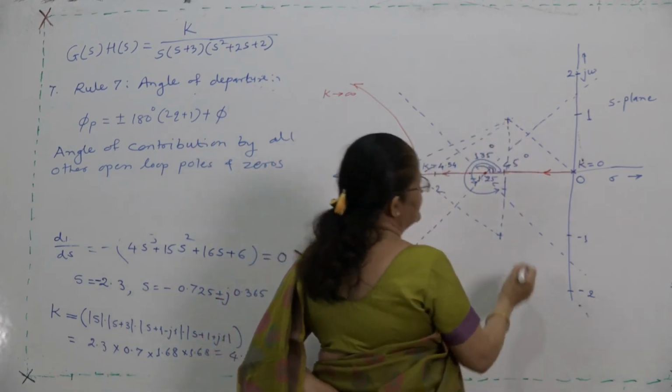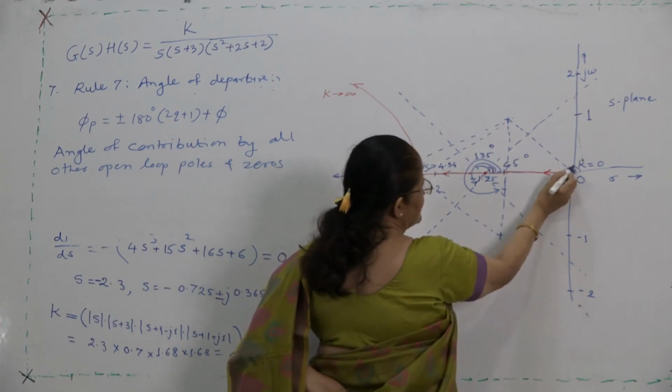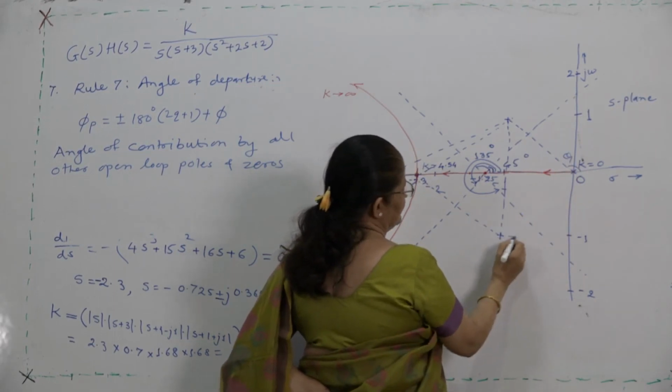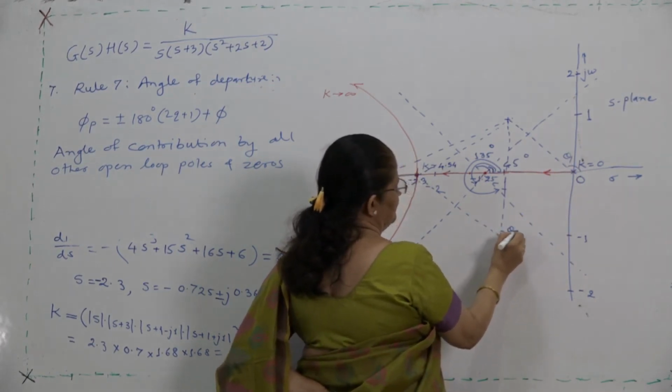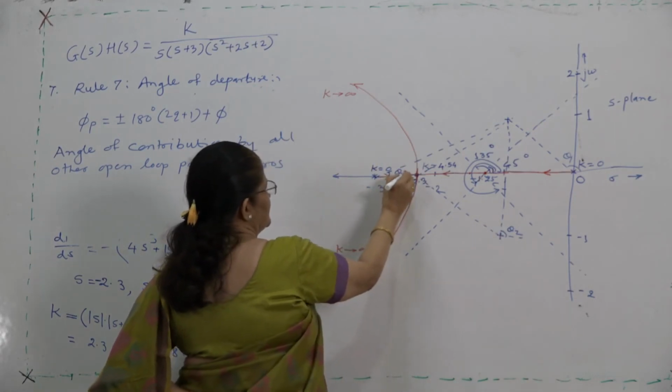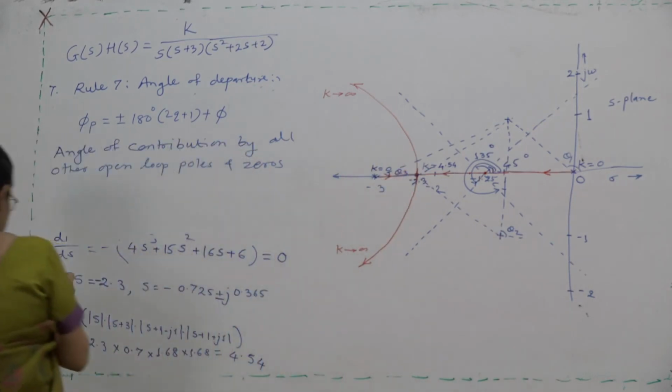So, what do you have to do now? Now, I want to find the angle of departure from this. Any one pole you can take because it is symmetrical about the real axis, so I am considering this one. What you have to do is connect all the open loop poles and zeros.